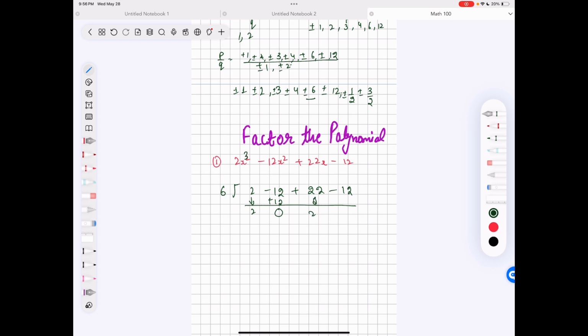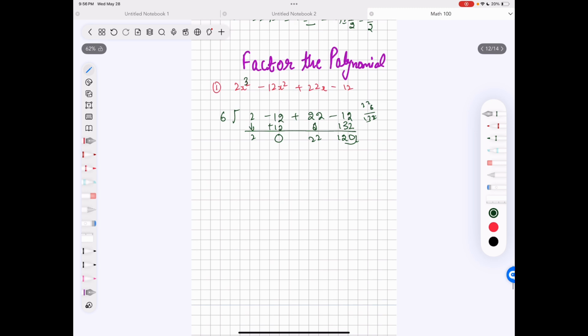It would give me positive 22. 22 into 6 is 132. And then if I subtract that, it would give me 120. So this is not a root. We can see we did not get remainder 0. We can try some other number.